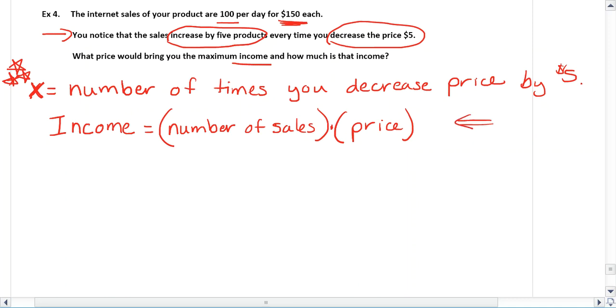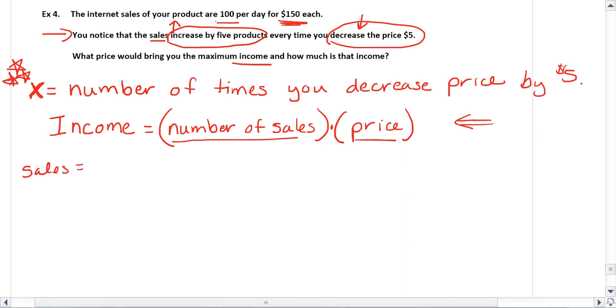So we needed to know what the x is, and now we have to use this x to write an expression for the number of sales and an expression for the price. And we're adjusting both of these. The sales are being adjusted up, hopefully, and the price is being adjusted down. So that's what we're going to use our x for. So let's do both of these. Let's find an expression for the sales.